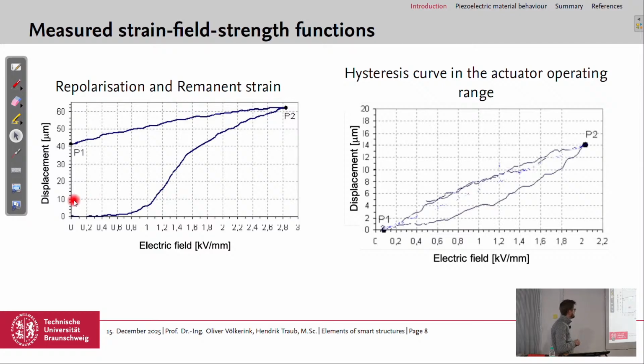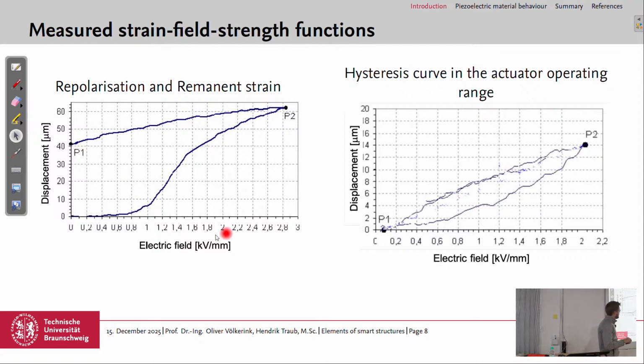So here is the electric field over displacement. We start with 0 field and 0 displacement, and then have the initial repolarization up to point P2. This would be Emax, 2.8 kilovolts per millimeter. If we then remove the field, we have a remanent displacement, or remanent strain, of, in this case, 40 millimeter displacement.